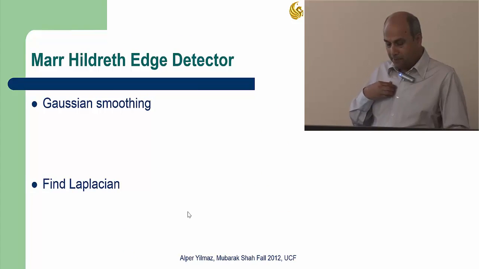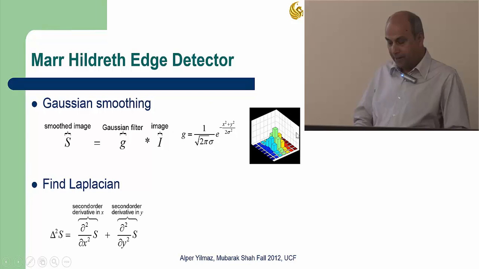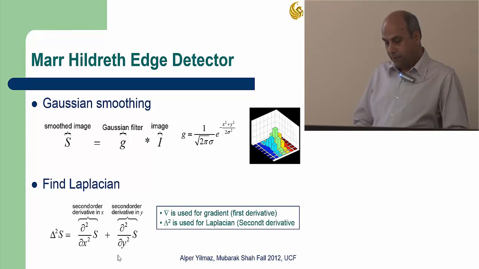So now let's get back to the Marr-Hildreth detector. We do smoothing by Gaussian, so we take an image and do the Gaussian smoothing, get a smooth image, and then this is the Gaussian filter, and it looks like that. Then we find the second derivative with respect to x plus the second derivative with respect to y, and that becomes the Laplacian.